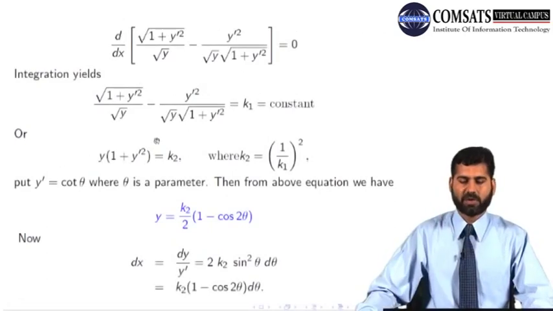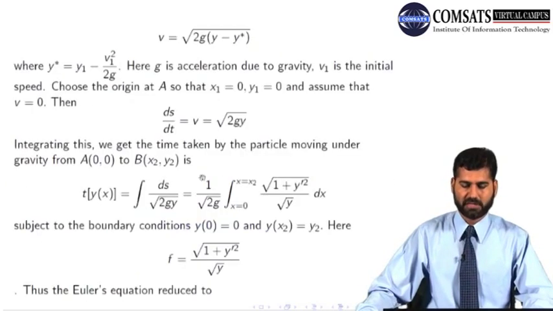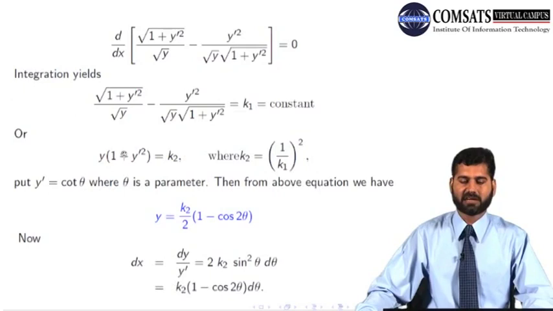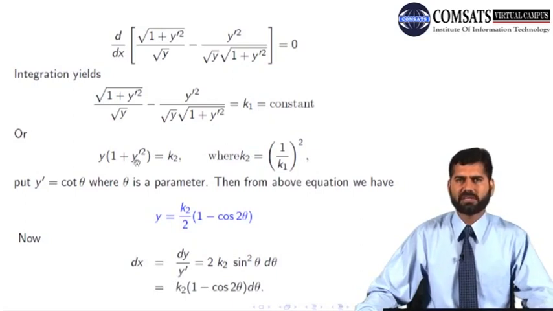So this is what we got from the Euler Lagrange equation. All right, so this is the Euler equation which we got. From the Euler equation we got this thing. I did it on the board here. You see, here I wrote the Euler Lagrange equation directly and got this form directly, but I showed you the missing steps now. Now here, you see 1 plus y prime square. 1 plus sine square gives me nothing, 1 plus cosine square gives me nothing, 1 plus tan square or 1 plus cotangent square theta gives me something.